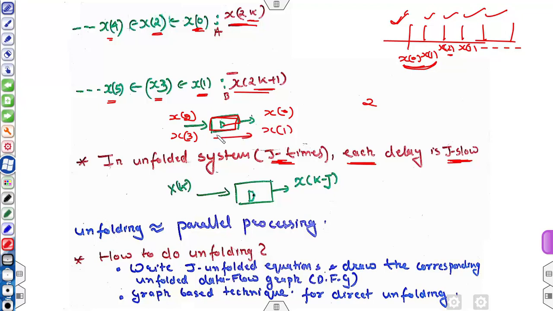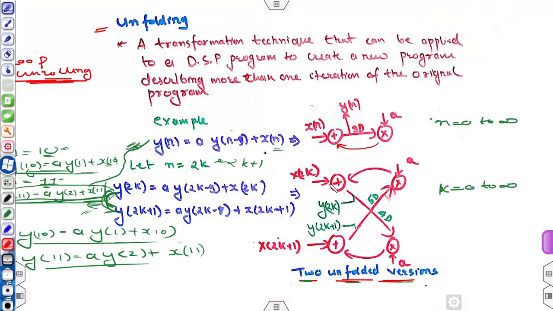So there is a difference of 2. So for an unfolded system, that is unfolded j times, the delay element is j-slow, meaning that if the input is x[k], the stored sample and output of this delay element will be x[k-j]. Now based on this concept, this circuit can be explained.